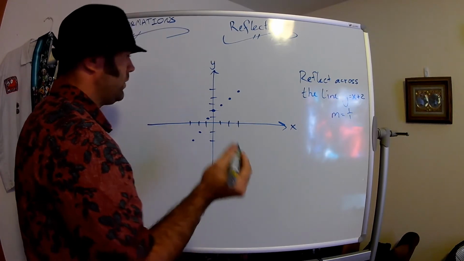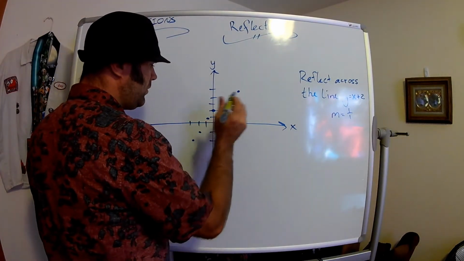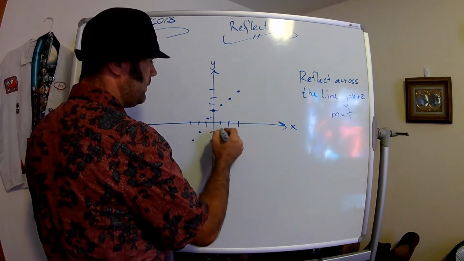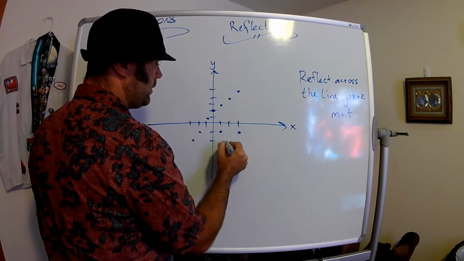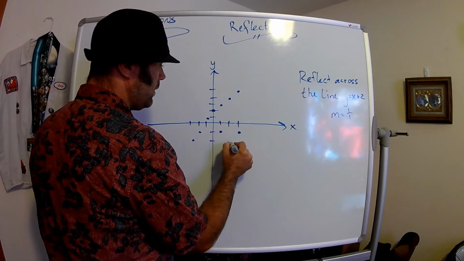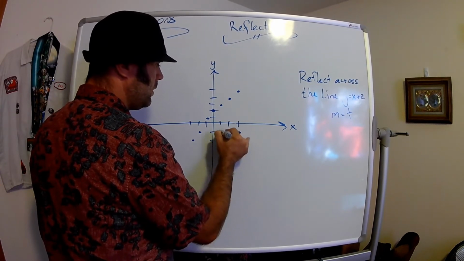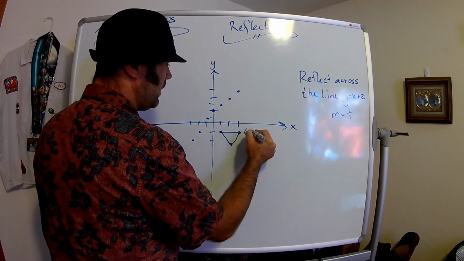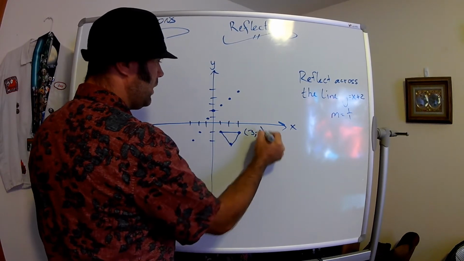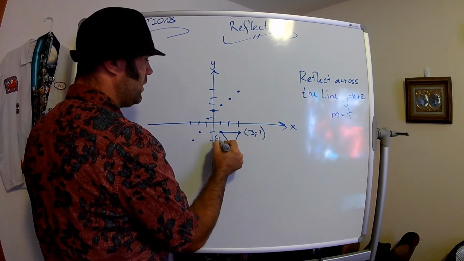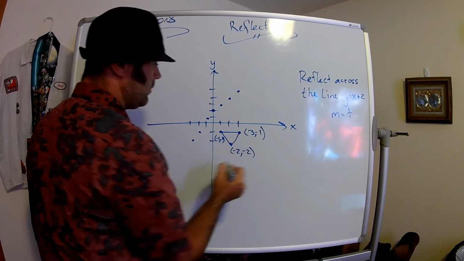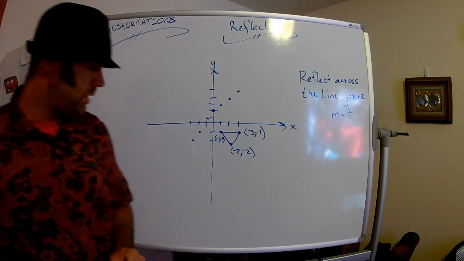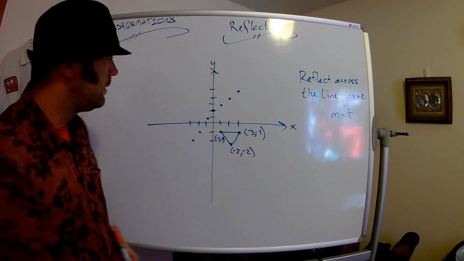And let's say our original shape, let's keep it fairly simple here. So we've got 3 comma negative 1, negative 1, negative 1, and then negative 2, negative 2. So those are our 3 points that we're going to reflect.